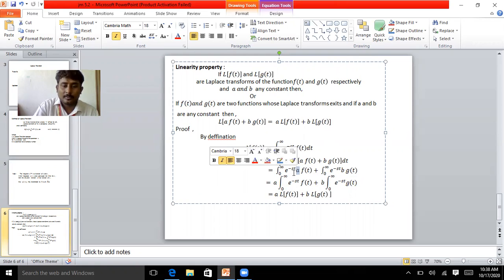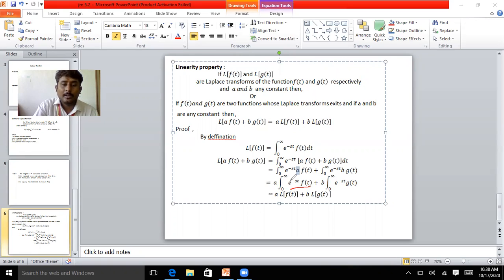So a stays as it is, times the integral from 0 to infinity of e to the power minus st f(t), plus the constant b times the integral from 0 to infinity of e to the power minus st g(t).